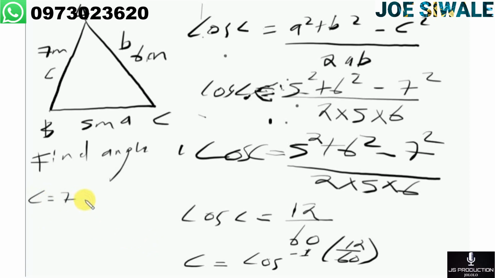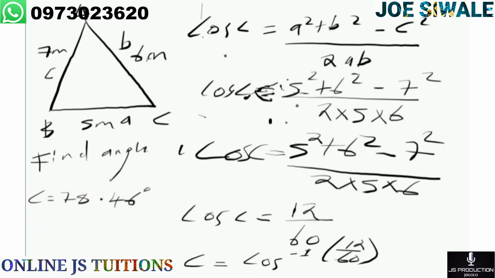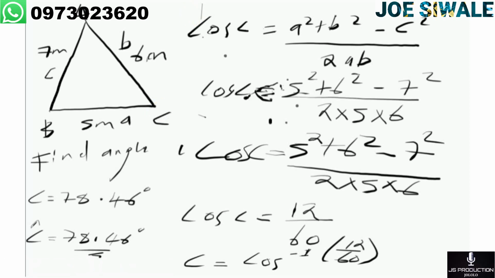If you punch on the calculator cos inverse of 12 divided by 60, that's going to give you 78.46 degrees. That means that the angle that is at point C is 78.46 degrees.